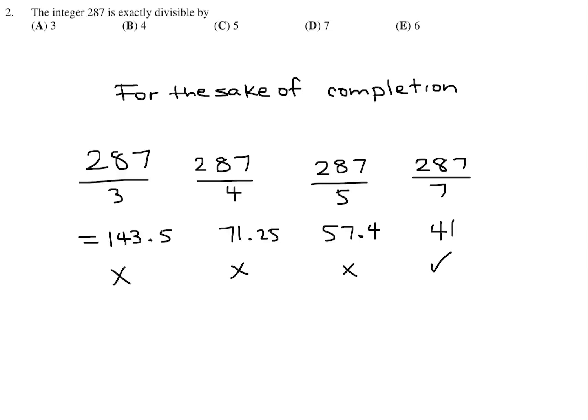Great, that is divisible. And just for the sake of completion, let's just finish this off. Divided by 6, it's 47.6. So the only one that is divisible is choice D, 7.